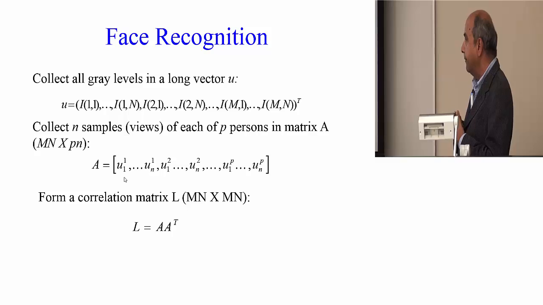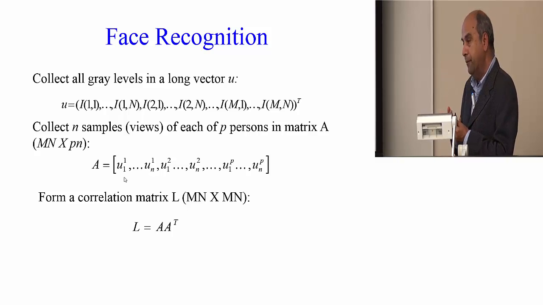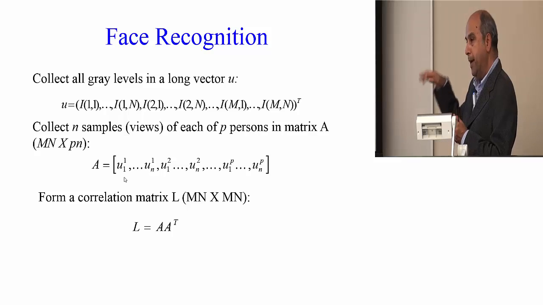We have 10 views of each person and 100 people, so 100 times 10 is 1,000. So we have 250,000 dimensions in the column and 1,000 columns.